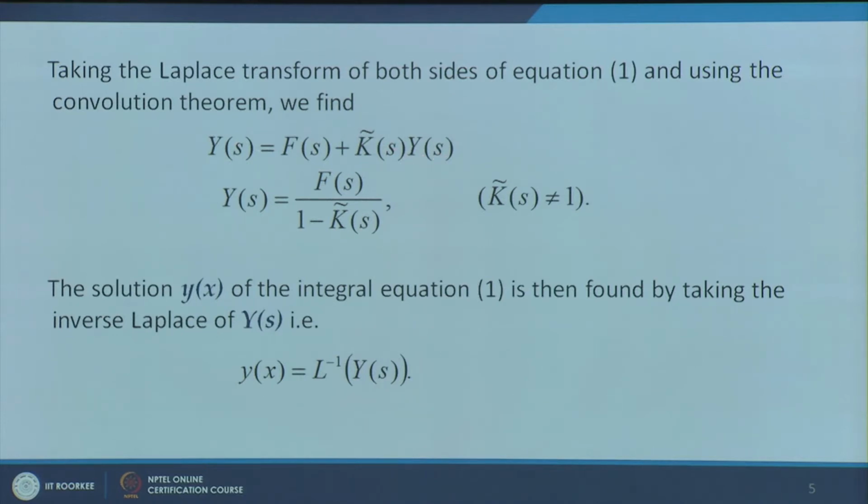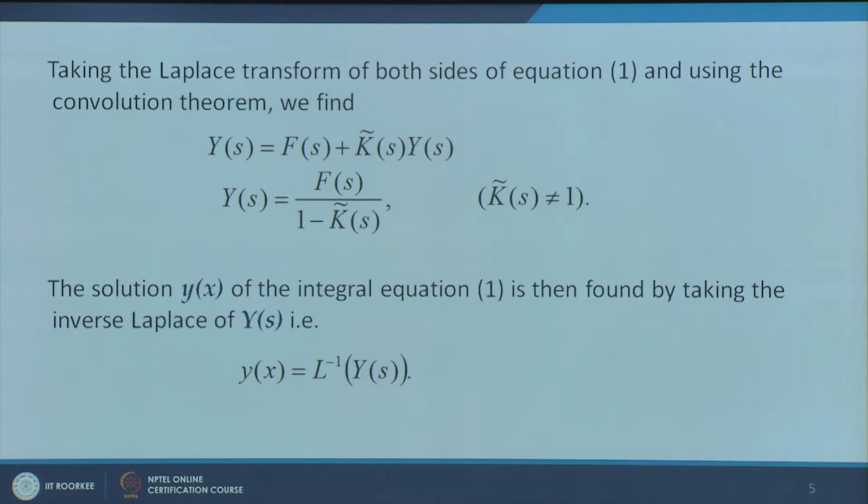Then we can solve for y(s), and y(s) will be equal to f(s) over 1 minus k tilde(s), where we are assuming that k tilde(s) is not equal to 1. Then the solution y(x) of the integral equation 1 is found by taking the inverse Laplace transform of y(s), that is y(x) equals L inverse of y(s).